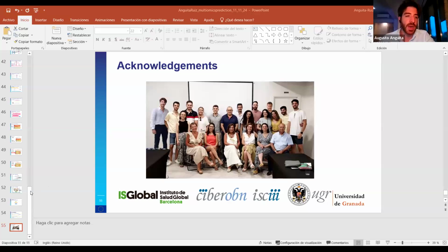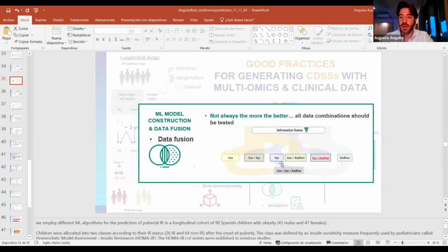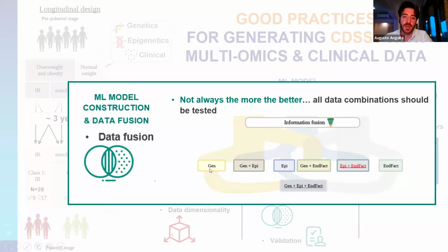Okay. Yeah, that's a good question. We actually tried. We tried all these combinations, including all of the layers separately, their combination by pair, but also the combination of the 3 layers. And surprisingly, this was not the winner in terms of prediction.